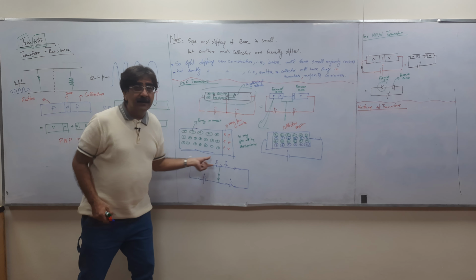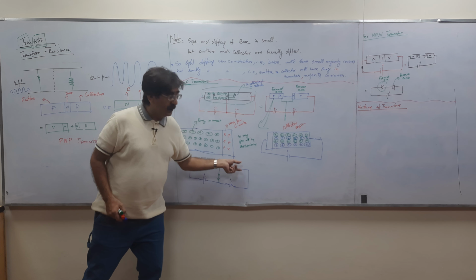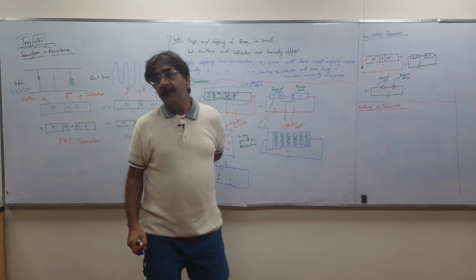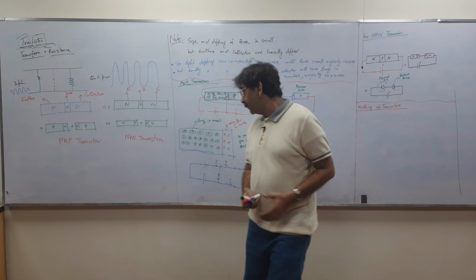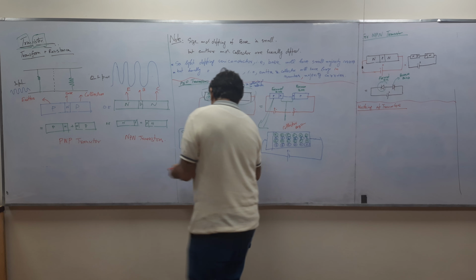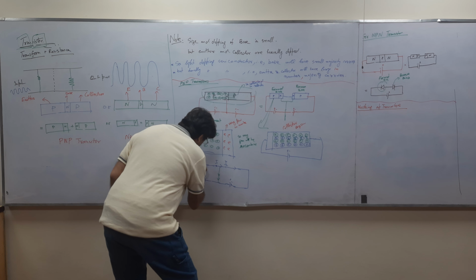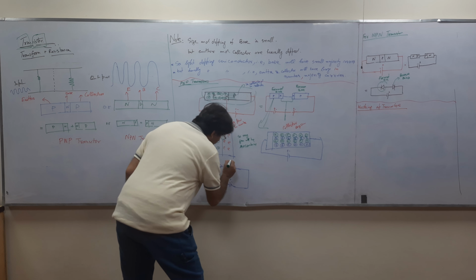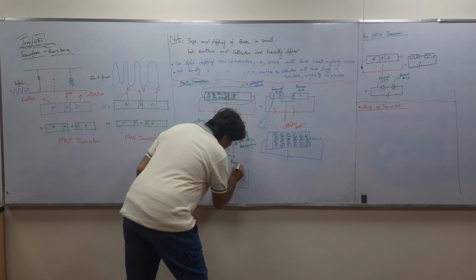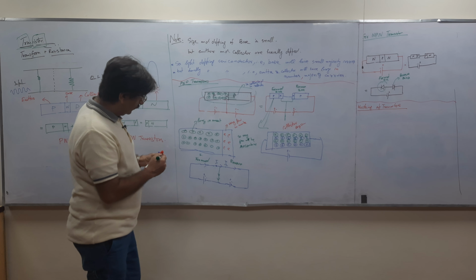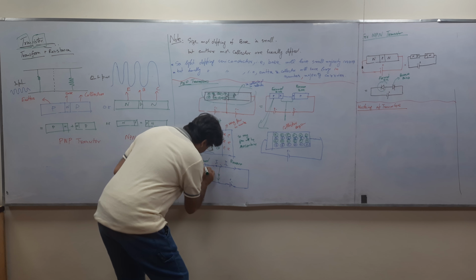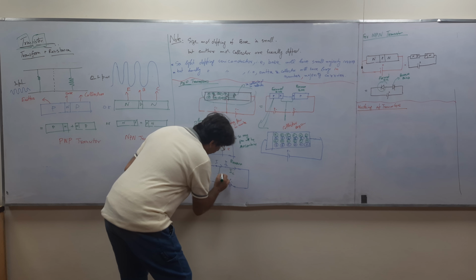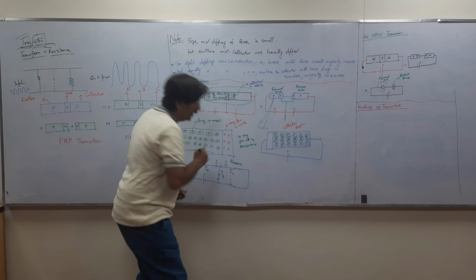This is a forward, and this is a reverse. This is the emitter current. This will be the collector current. This will be the base current.